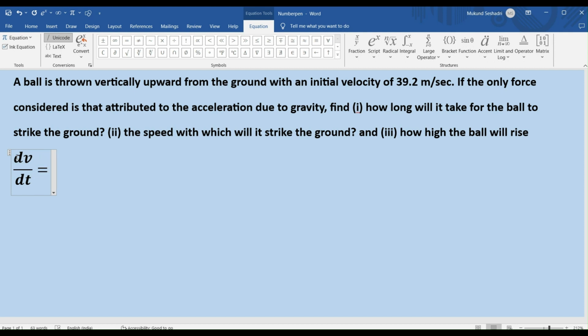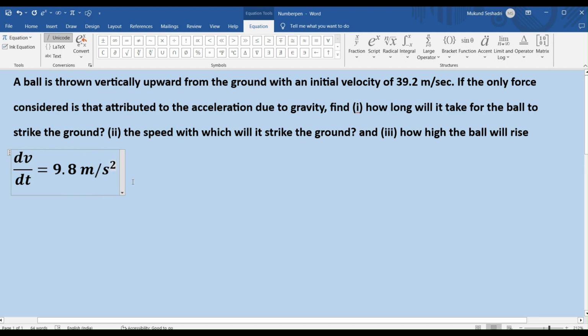So I have my dv by dt. My dv by dt, when the only force acting on the ball is the gravitational force, slows down the velocity of the ball at the rate of acceleration due to gravity, which is a constant, right? So I have 9.8 meters per second square.